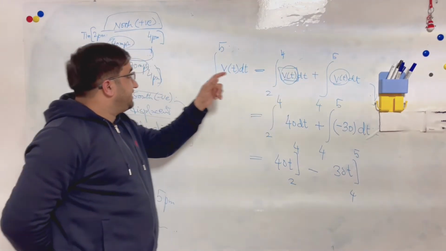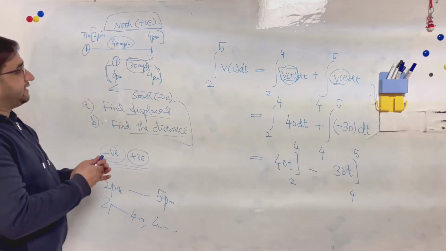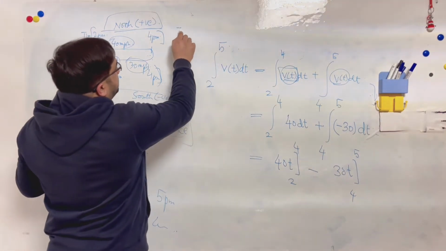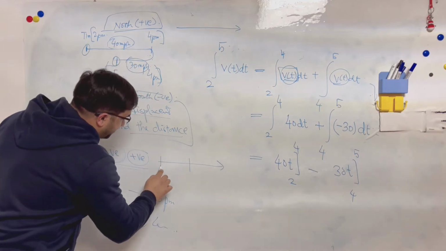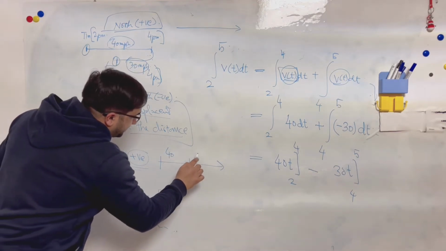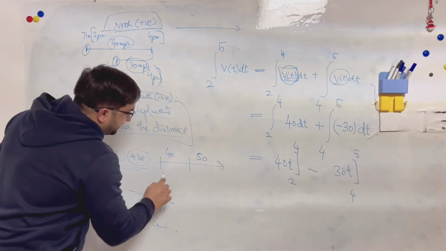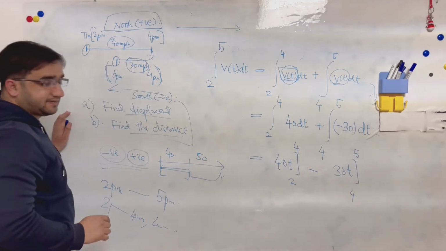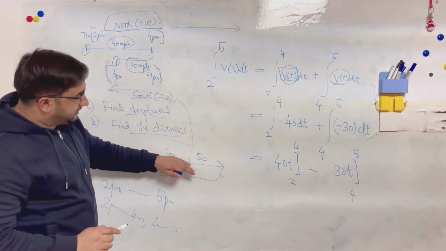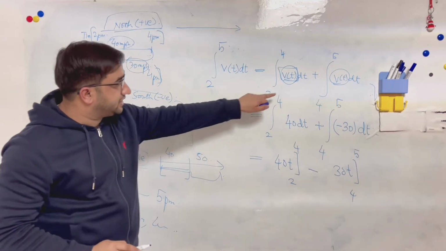We are splitting whether, for example, it is moving in the same direction, but in this part the speed is 40 and in this part the speed is 50. Then you will split it, from here to here separate, from here to here separate, because you are going to put these values into the function.